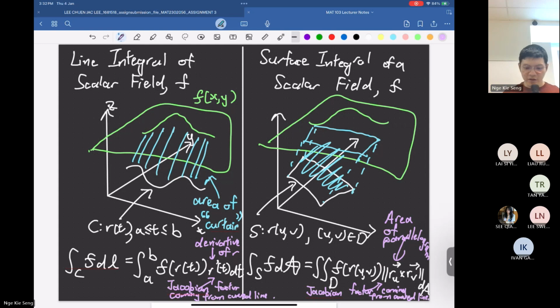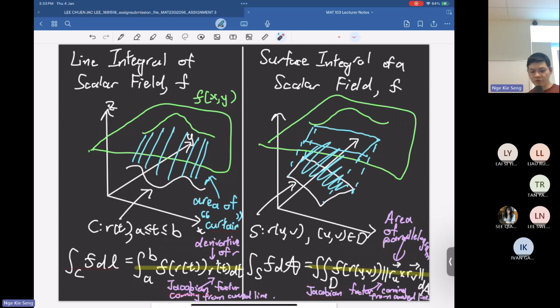Okay. So the very important thing here is the formula at the back. If you want to calculate a line integral or a surface integral, you need to use the right one.